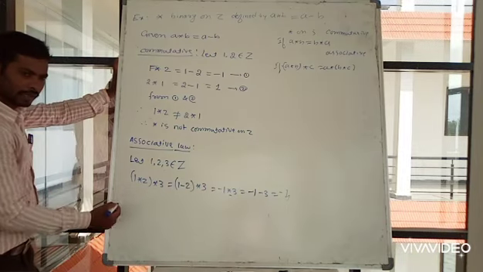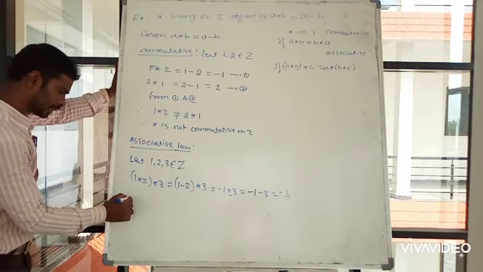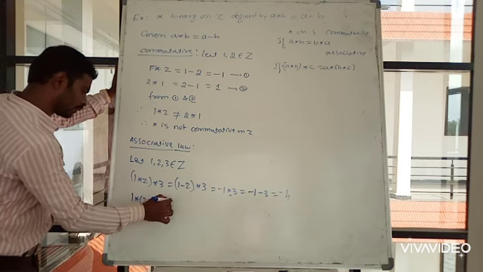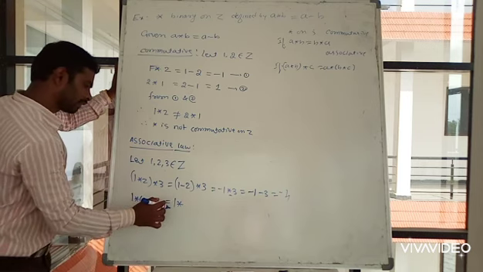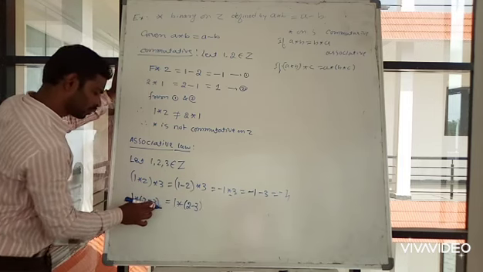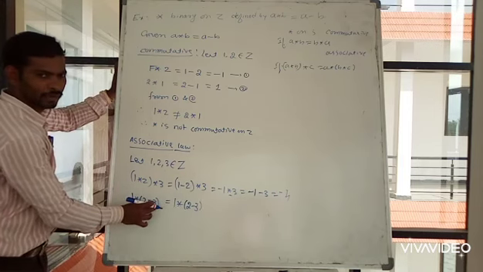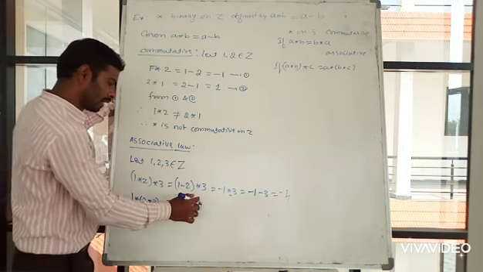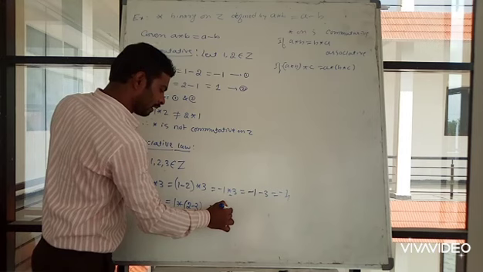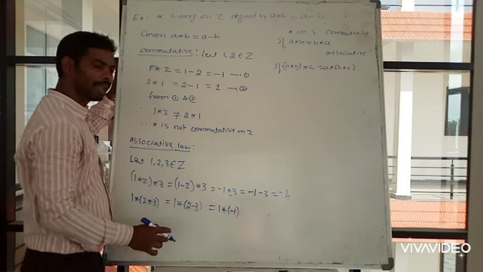Next it is A star (B star C). Next, 1 star (2 star 3) is equal to 1 star (2 minus 3), because A star B is equal to A minus B. Keep 1 star as it is; 2 minus 3 is minus 1.